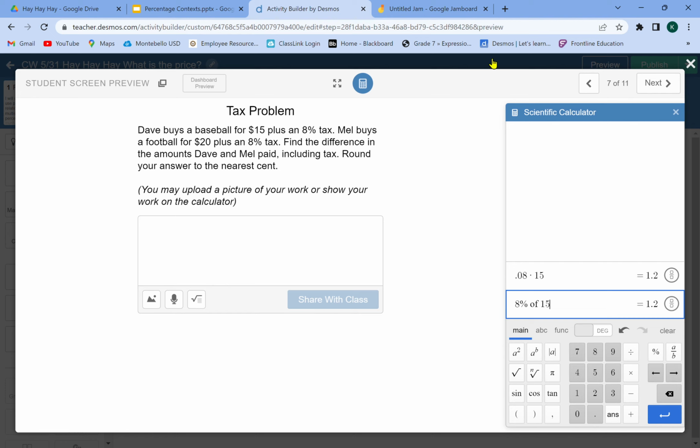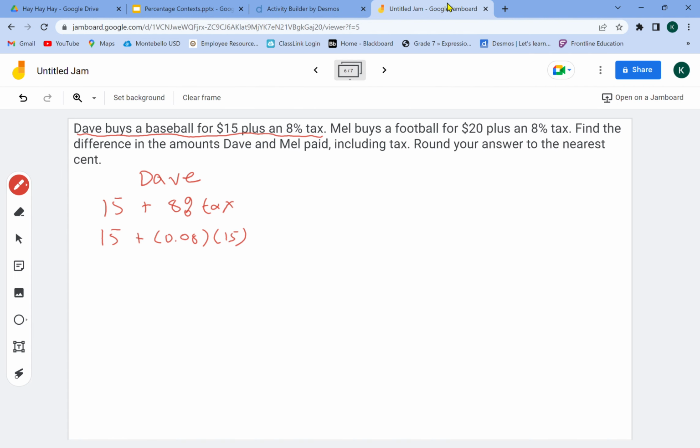So either way, how you do it is up to you. It's going to be 15 plus $1.20, and if I add this up, I get $16.20.